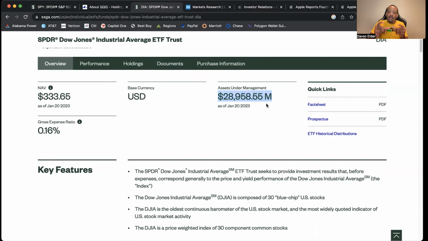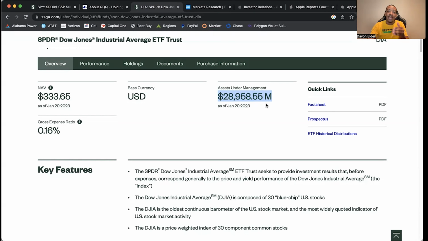The Dow Jones, the S&P 500, and the NASDAQ composite are the three largest indexes in the stock market that we particularly track. The S&P 500 has about 500 companies in it, the NASDAQ 100 has about 100 companies, but the Dow Jones has about 30 companies.